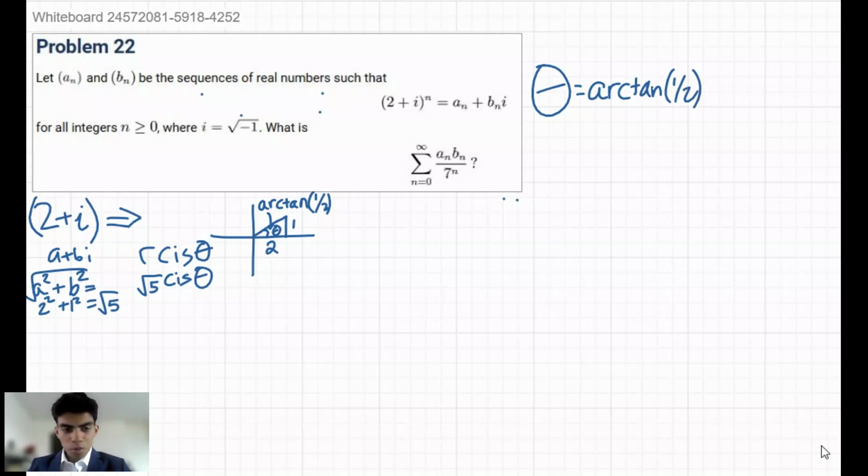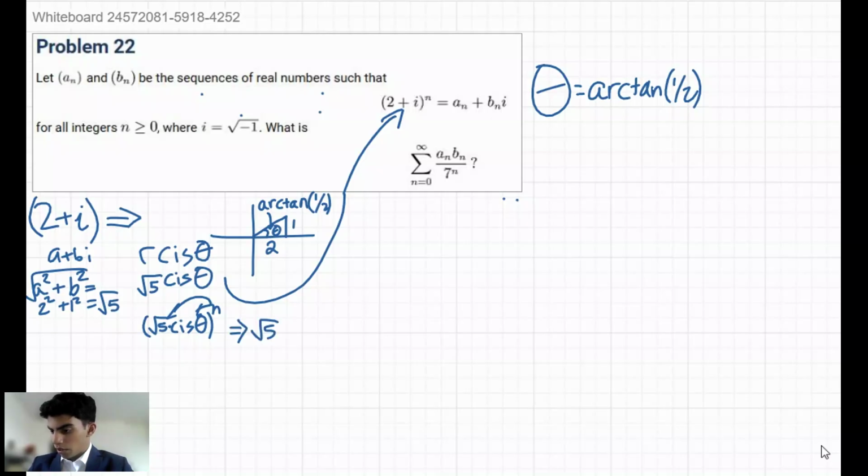Well, we can now substitute this complex number in for 2 plus i, and then raise it to the nth power, right? So if we do that, we will get something like this. And since these are two different terms that are multiplied together, we can split the exponent to both of those terms. So that would now be square root of 5 to the nth times cis of theta to the nth power.